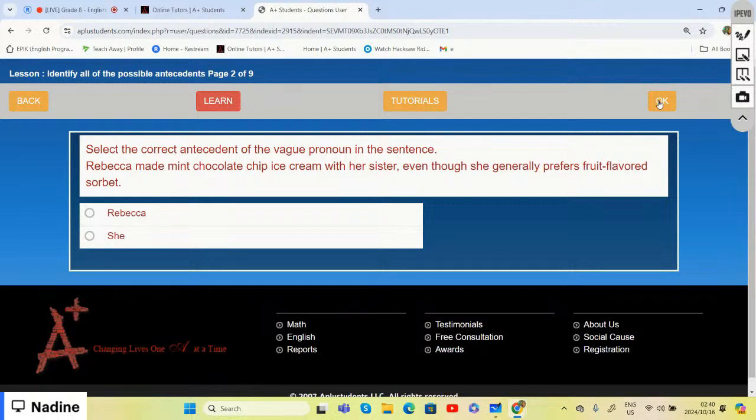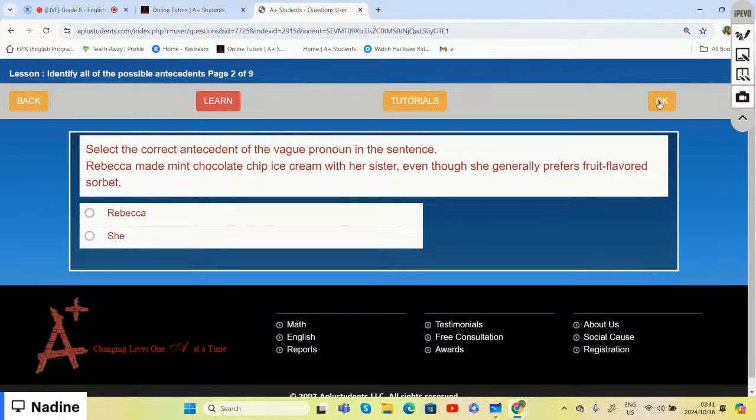The antecedent is the person or the thing that we are making mention of, right? Like, for example, Steve doing the action, Rebecca doing the action, Lisa doing the action. So, Rebecca made mint chocolate chip ice cream with her sister, even though she generally prefers fruit flavored sorbet.